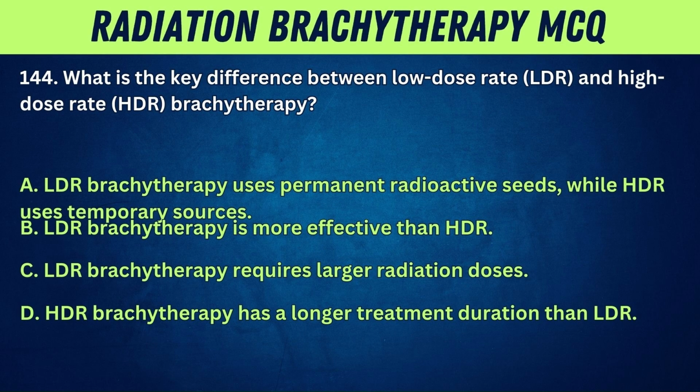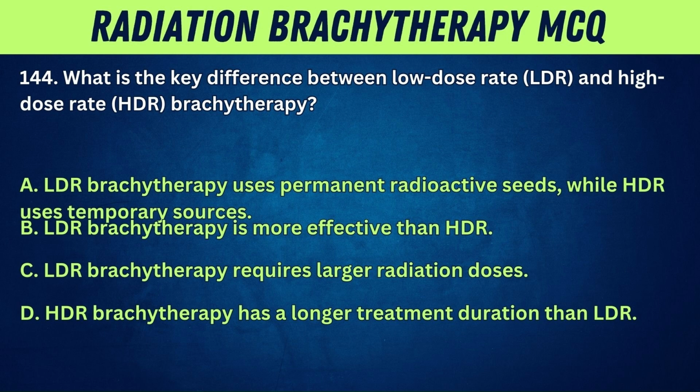144. What is the key difference between low-dose rate, LDR, and high-dose rate, HDR, brachytherapy? A. LDR brachytherapy uses permanent radioactive seeds, while HDR uses temporary sources. B. LDR brachytherapy is more effective than HDR. C. LDR brachytherapy requires larger radiation doses.